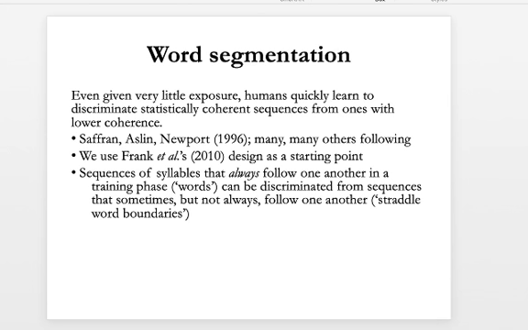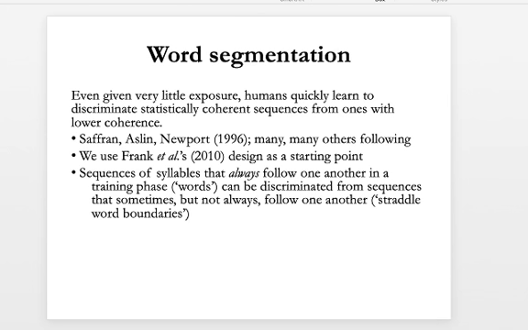There have been many follow-up studies showing similar things in a range of age groups for native speakers of different languages with different kinds of artificial languages and materials and designs. We are going to use the experimental paradigm from Frank and colleagues as a starting point here.